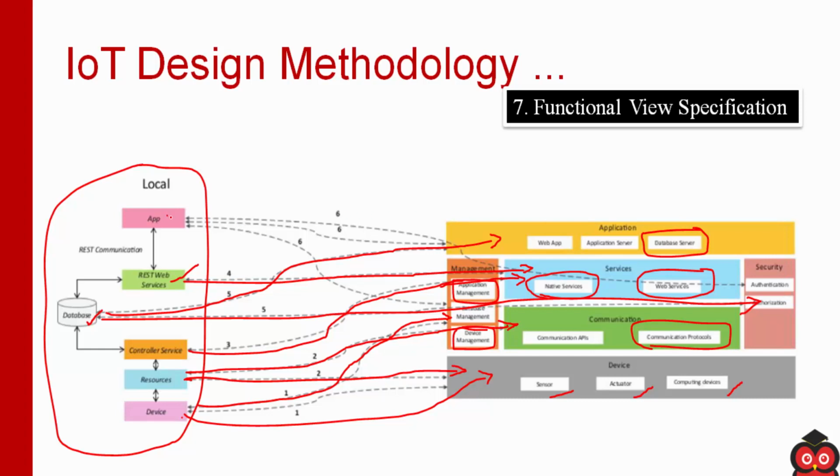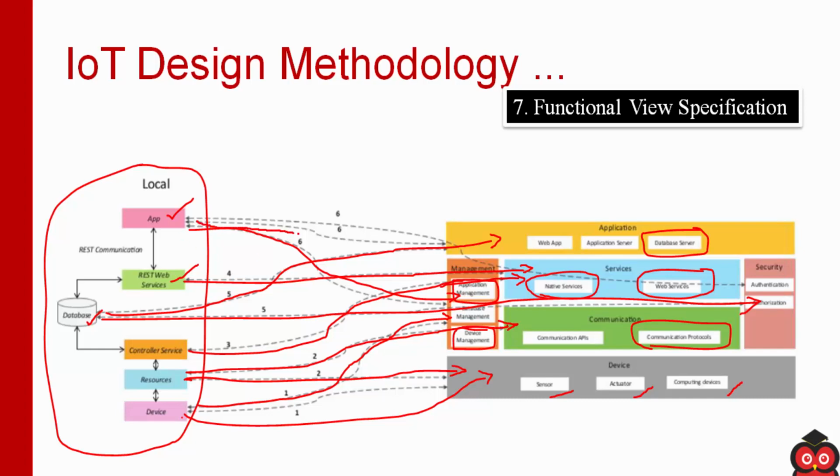And finally we have the application itself, which contains the user interface and all these things through which we manage the smart bulbs. Okay, so it is linked to management. Through application only we manage all the things, right? So it is linked to management.